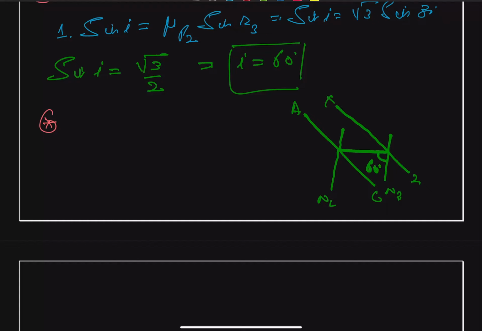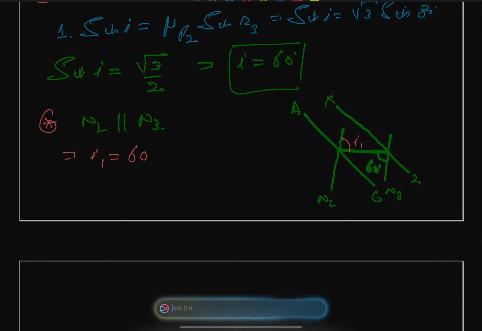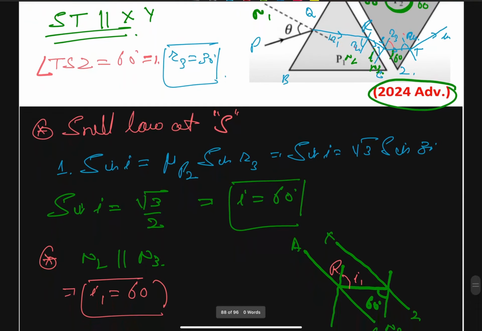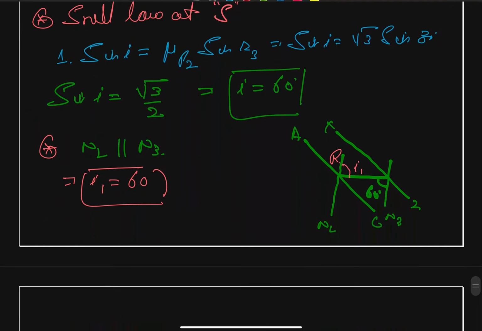Okay. So we can say that our n2 is parallel to n3. Therefore, let us call this angle I1. So we can say our I1 will also be equal to 60 degrees. Therefore, and this is our point R. And here we have a refracted angle of R2. So a ray of light is coming something like this, and this angle is our R2.